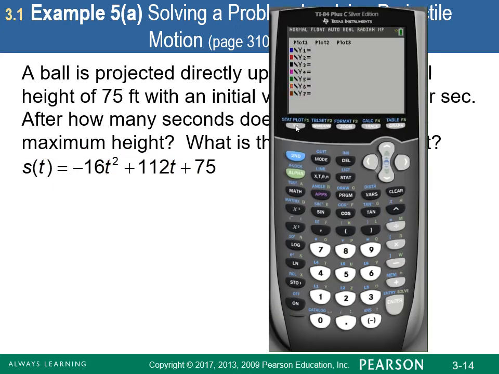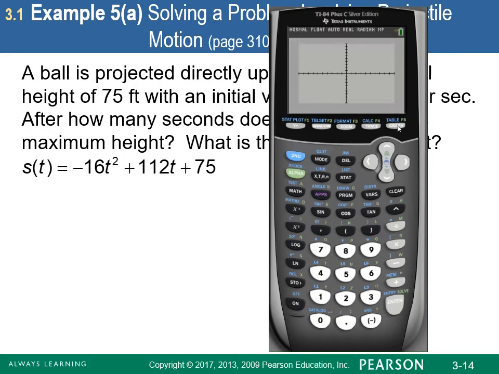Starting with y equals, we're going to do the negative 16, only x squared. So now remember, we were on a standard graphing window.